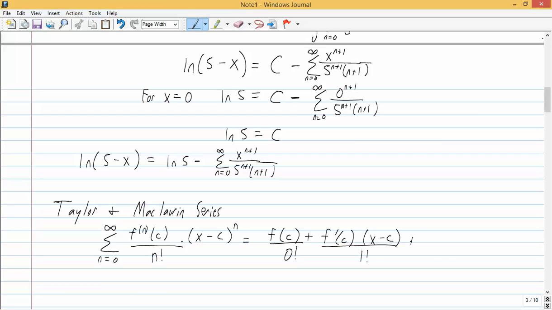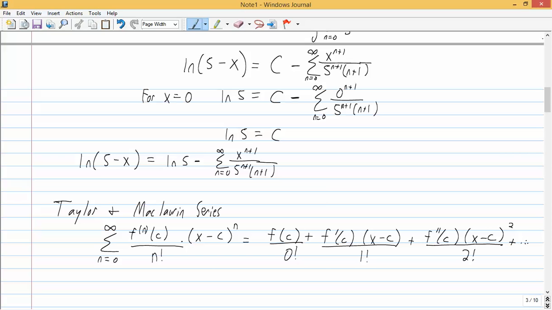I'll write one more term out for you. If I plug in a 2, I have the second derivative evaluated at c times x minus c to the second power over 2 factorial. And then we just keep going on and on like that, as many terms as we need.